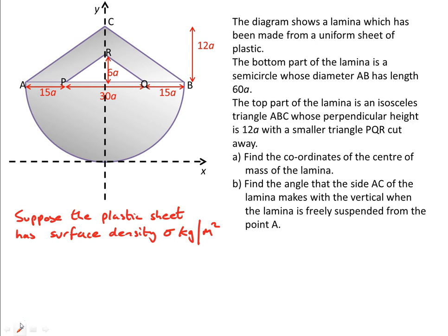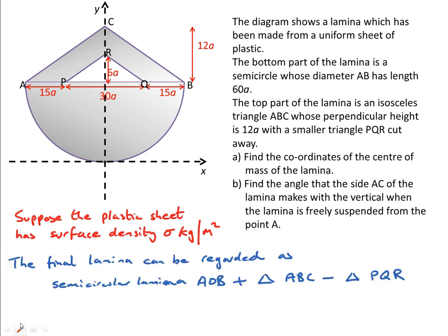We'll also observe that the laminar is a semicircular laminar with a triangle added on top of it, but then a smaller triangle PQR subtracted from the shape.